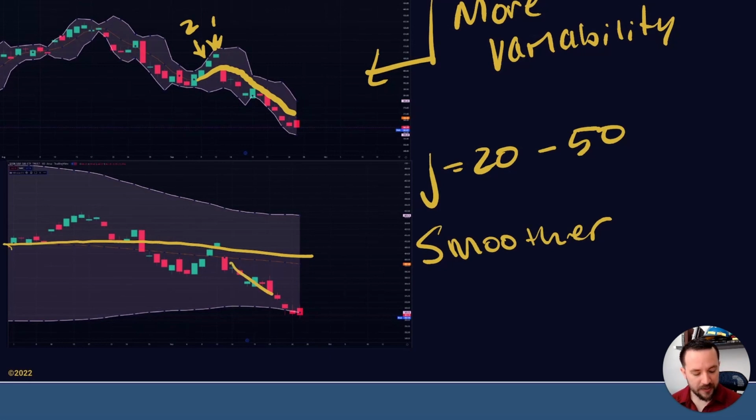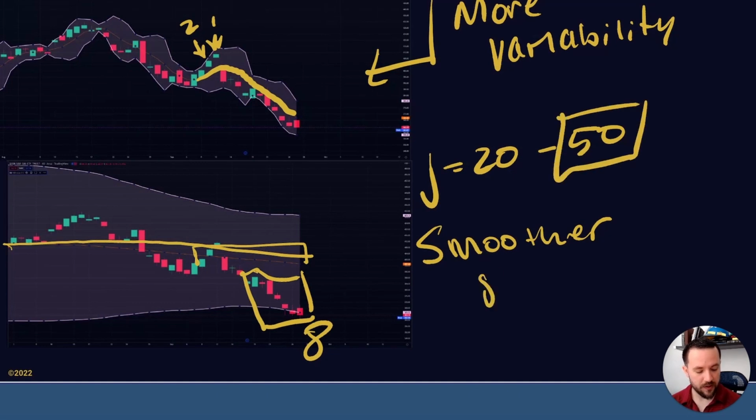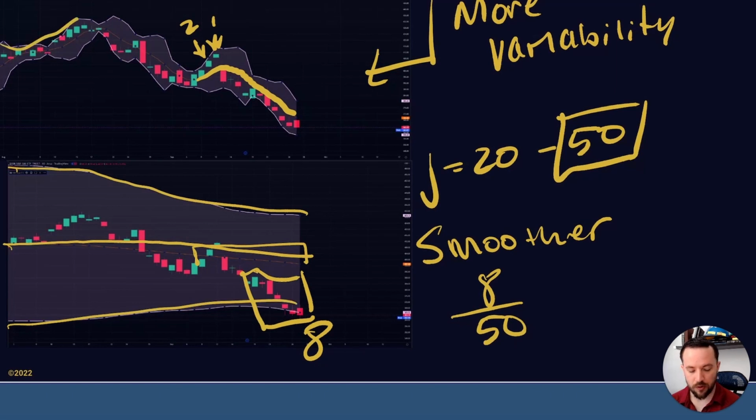So even massive movements away from the average, like we see here, only move the mean price ever so slightly. Because again, this is 1, 2, 3, 4, 5, 6, 7, 8 candles, and if this is J equals 50, well then 8 over 50 is only a small part of the overall data included in the calculation of the mean price. And we also see, noting for later, this affects the smoothness of the upper and the lower bands as well.